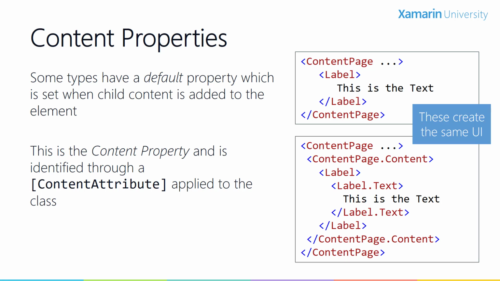So for a content page, the default property is the content property. And for a label, the default property is the text property. So essentially, these two snippets of code are equivalent. On the bottom half, I'm indicating very specifically what properties I want to use, whereas on the top, I'm just using the default properties instead.